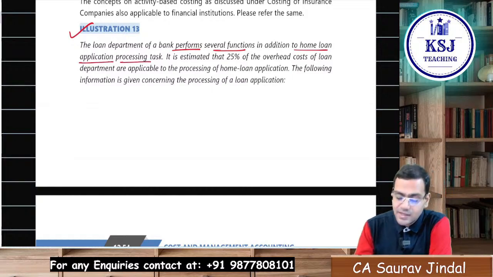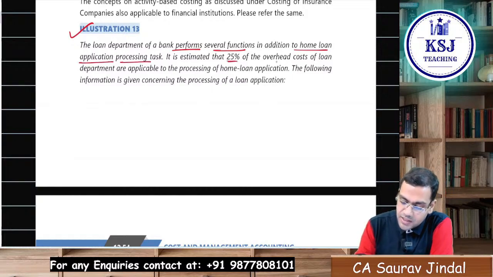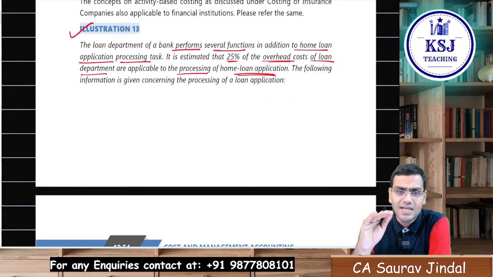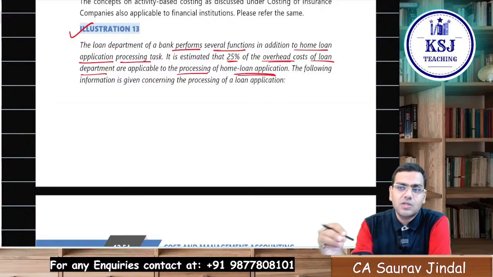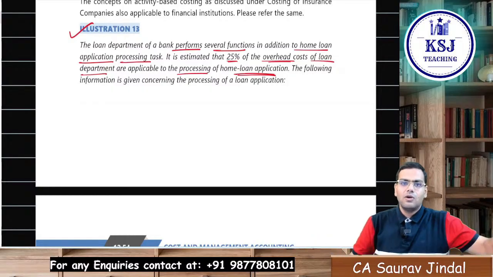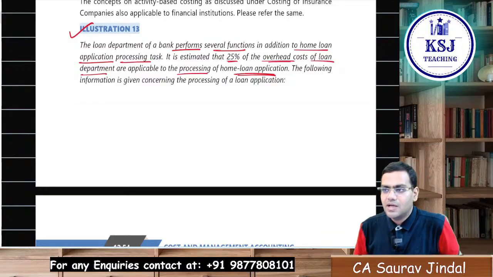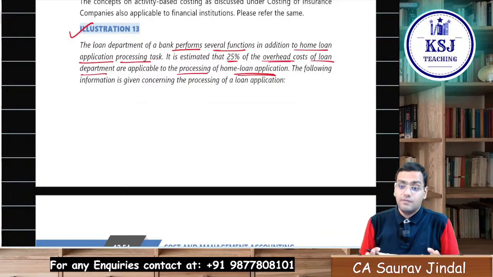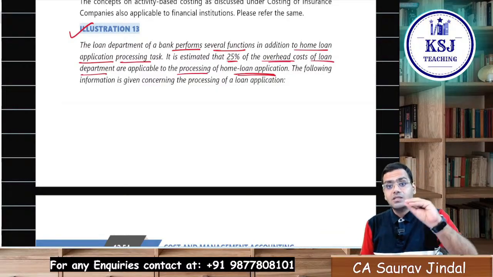It is estimated that 25% of the overhead cost of the loan department are applicable to the processing of home loan application. He says there is a loan department. In that particular department, there are various loans which are being issued. The car loan can be there, other loans can be there, and in addition, there is one very specific loan he is talking about, that is the home loan.